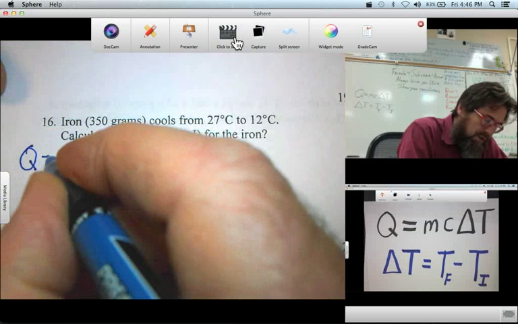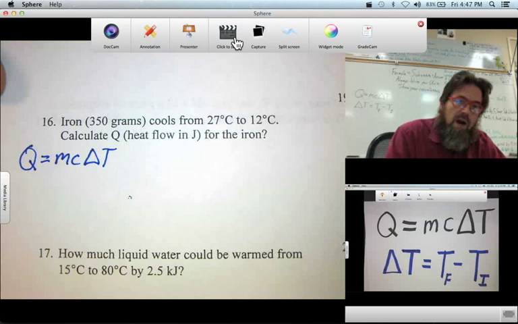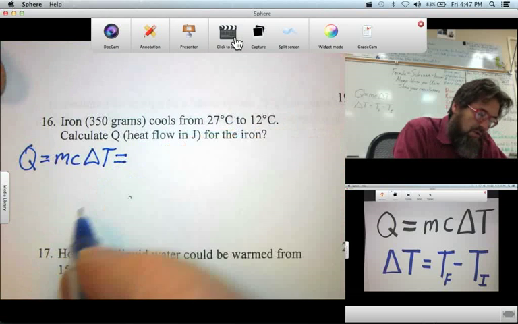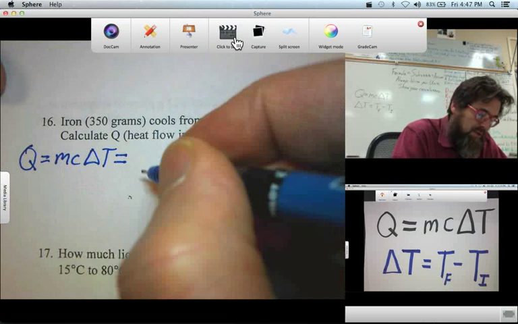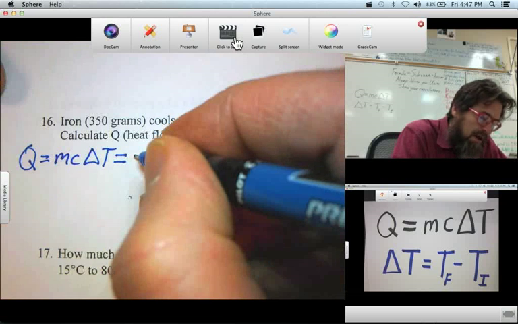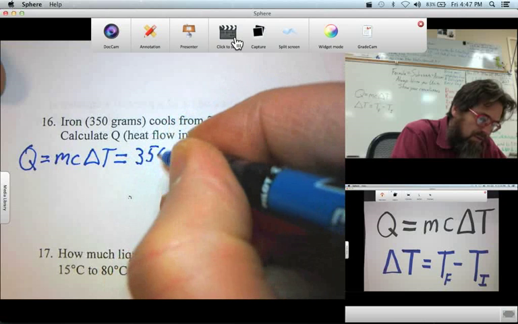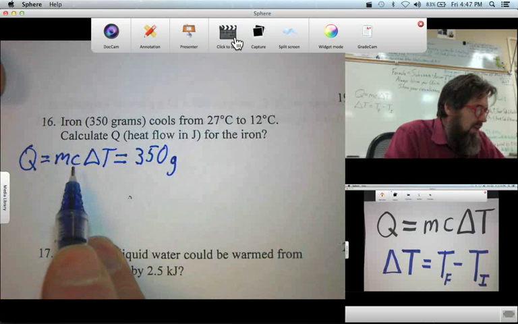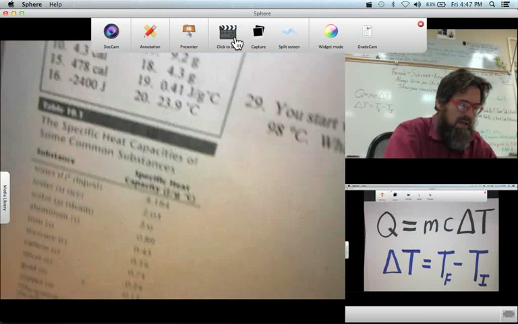Q equals mc delta T for the iron, and they ask us to calculate Q, so formula equals, and now we substitute. Do we know the mass? Yes, the mass of iron is 350 grams. C, specific heat of iron? That's written on the very back of this worksheet, in table 10.1.